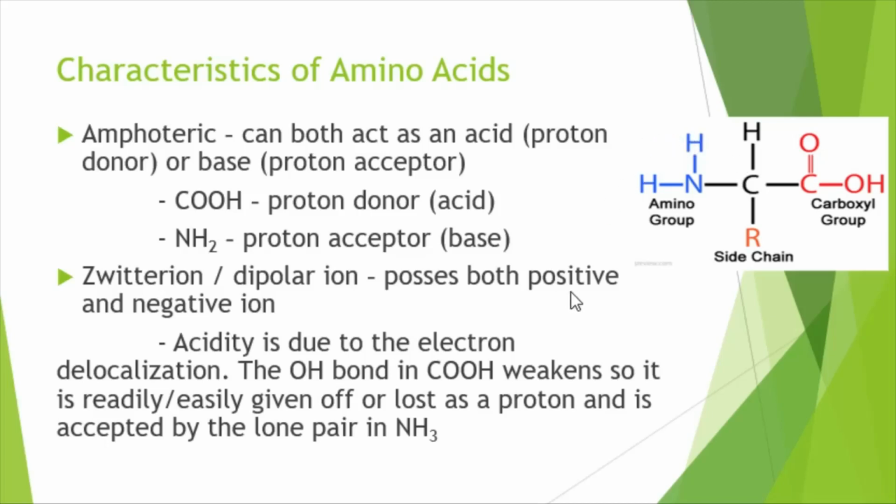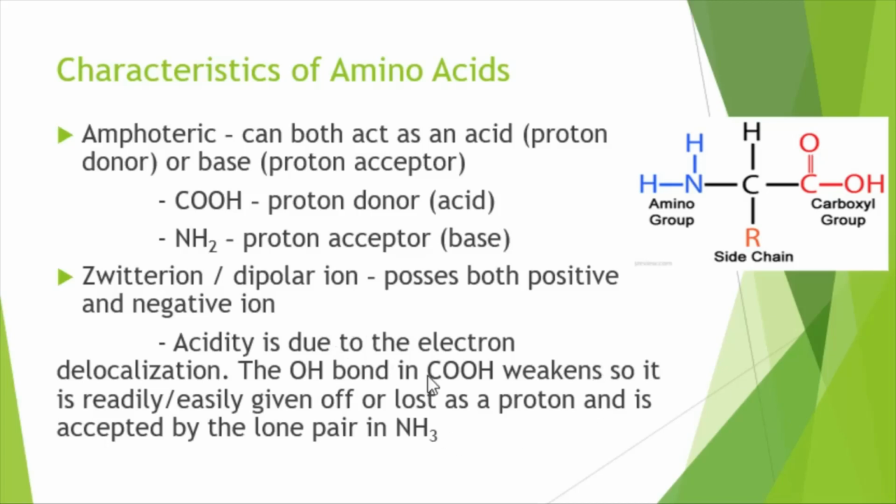Also, your amino acid is a dipolar ion, in other terms a Zwitter ion. It possesses both positive and negative charges. This is also with your amino group and your carboxyl group. Acidity is due to electron delocalization.